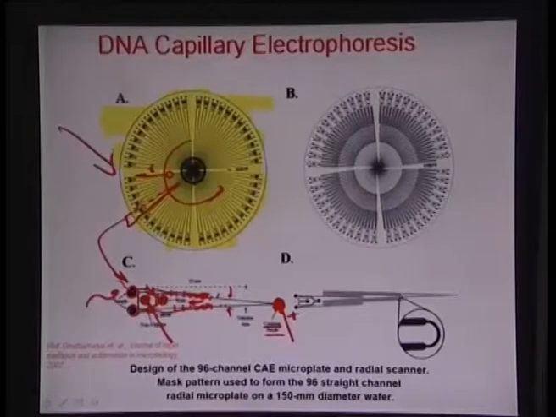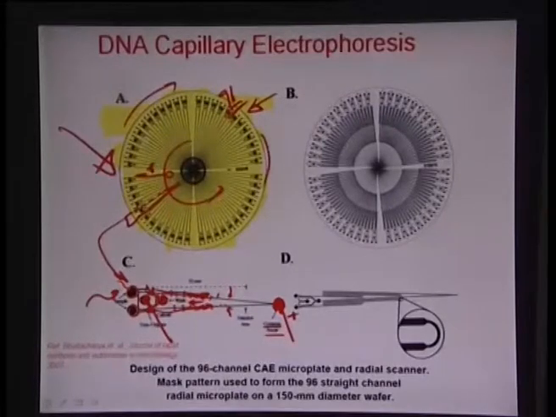So there is a unique combination of the rotary motion of this particular microcapillary containing CD in relation to the radial motion of the detector sensor assembly, and that can help you to identify at least 96, these are all 96 in number, okay. The 96 separate channels are there in the CD like platform. So you can actually at a time read about 96 particular reactions, PCR reactions, using this particular capillary.